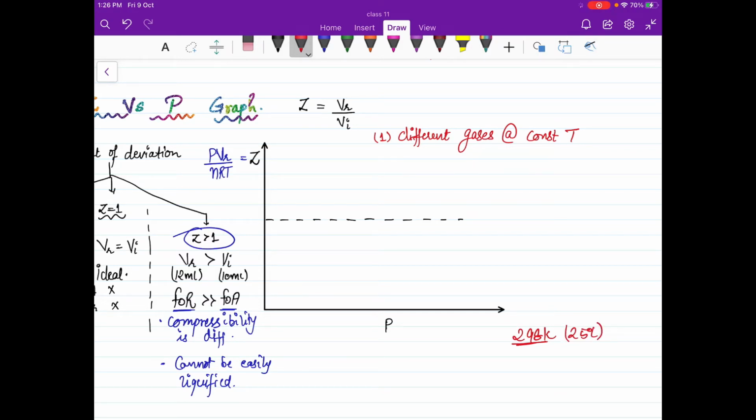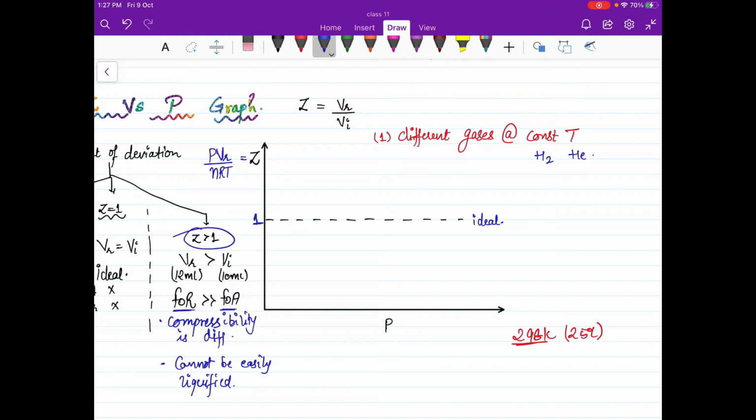So what was observed over here? The observation was that for gases like hydrogen and helium, if this was the ideal case, let's suppose over here Z is equal to 1.